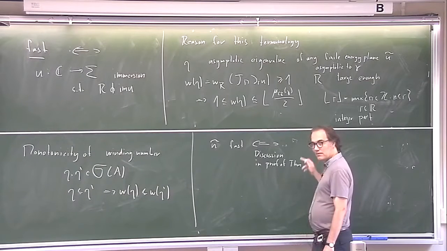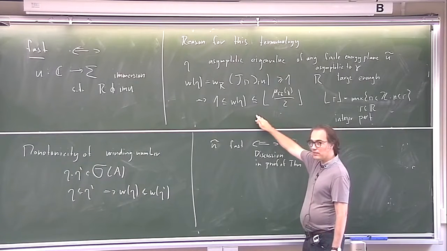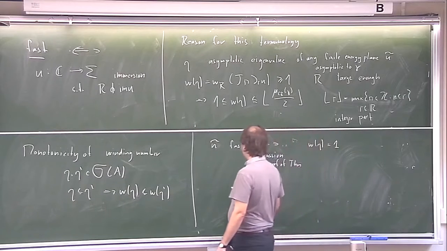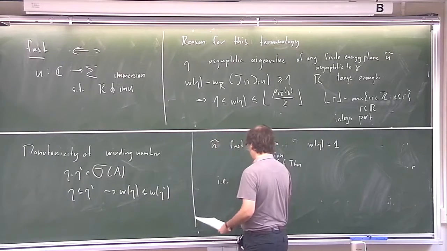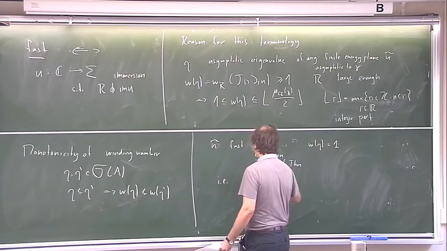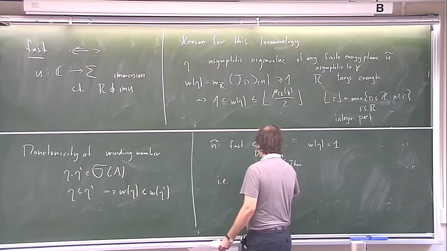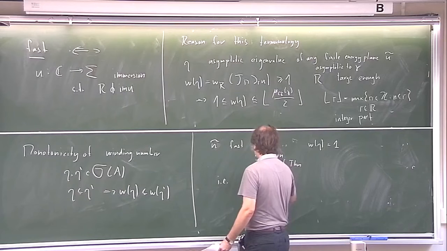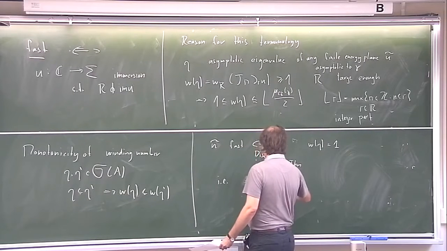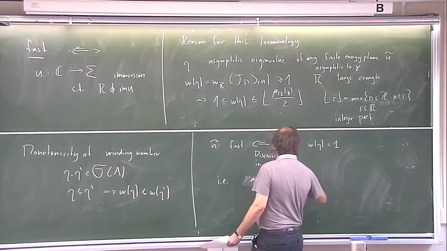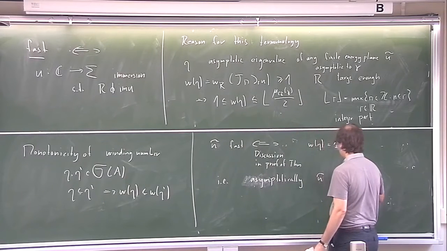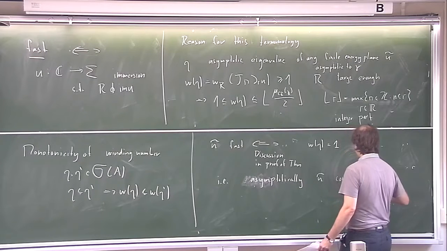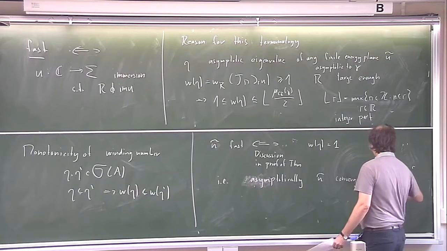So it's the smallest possible, i.e. U tilde converges exponentially asymptotically as fast as possible.